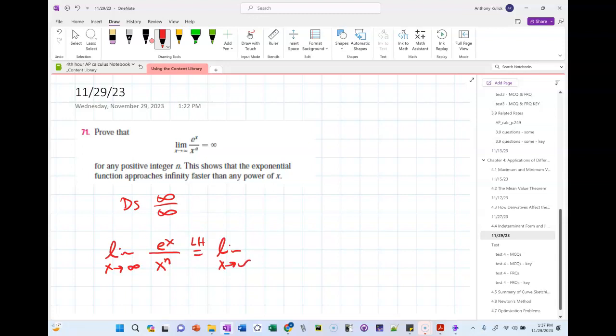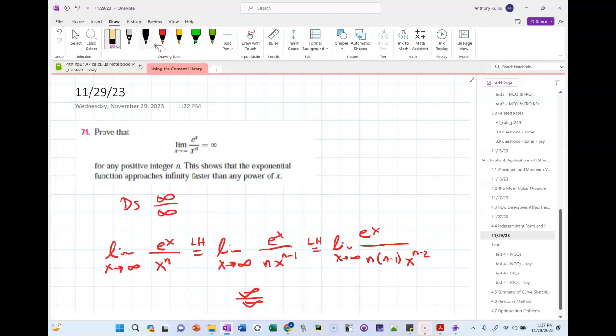What's the derivative of the top going to be? And the derivative of the bottom would then be nx. If I do direct substitution, it's still infinity over infinity, so I do L'Hopital again. Still infinity over infinity.